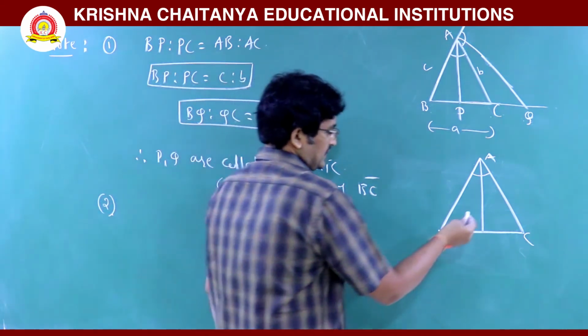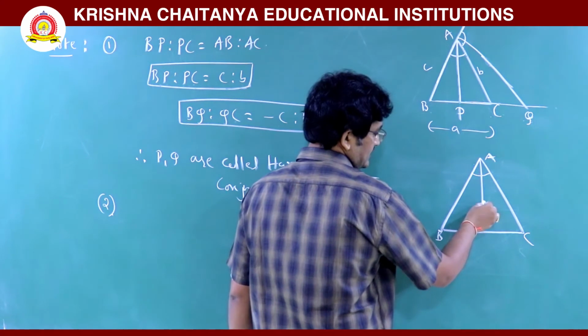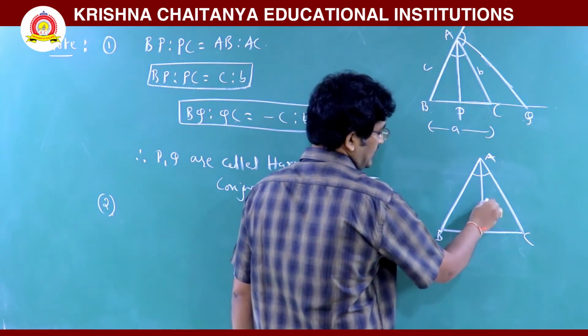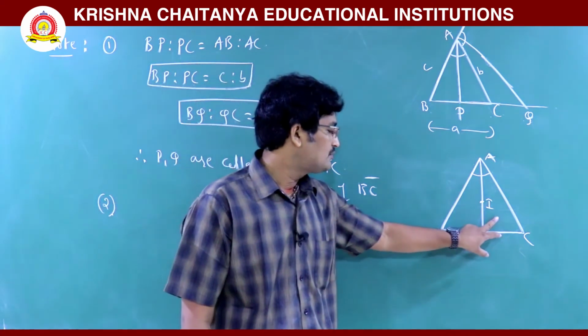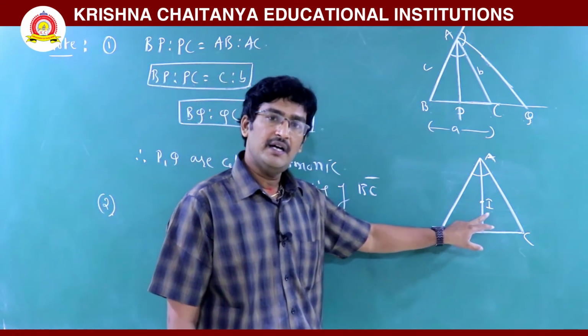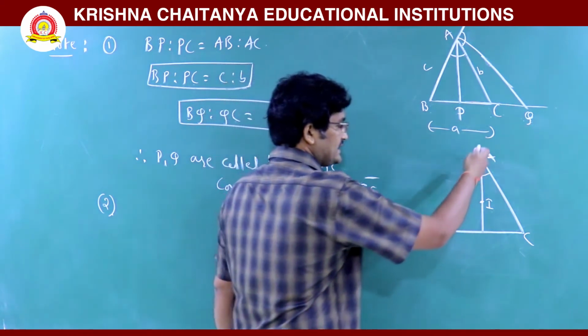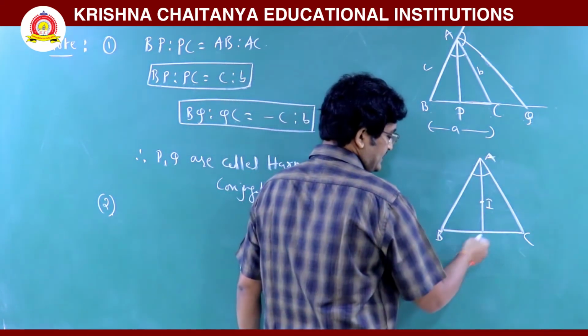Those 3 angular bisectors meet at one point. That point of concurrency is called the incenter. That one is denoted by I, you know. So this internal angular bisector of A meets BC bar at P.